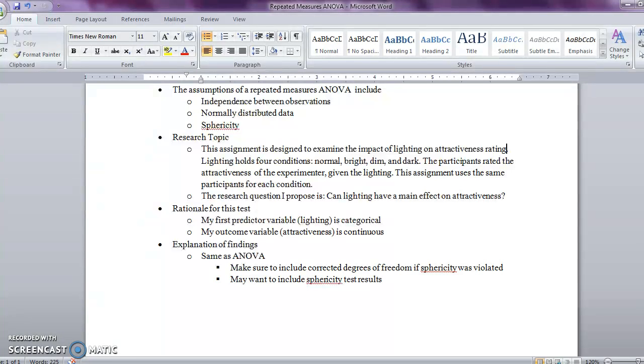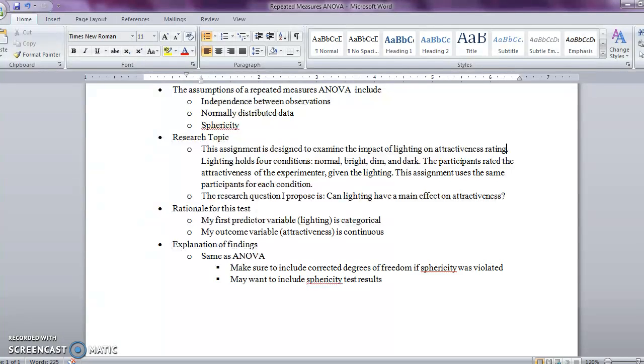The participants rated the attractiveness of the experimenter, given the lighting. This assignment uses the same participants for each condition. Like I said before, I'm trying to see if lighting has a potential influence on attractiveness.